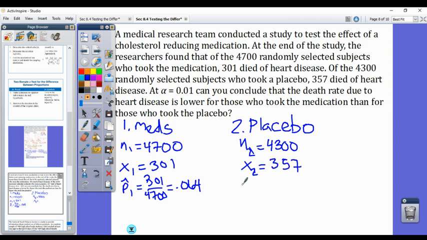Okay, and then we can find P hat sub 2. So we're going to do 357 divided by 4,300, which is going to give me 0.083.